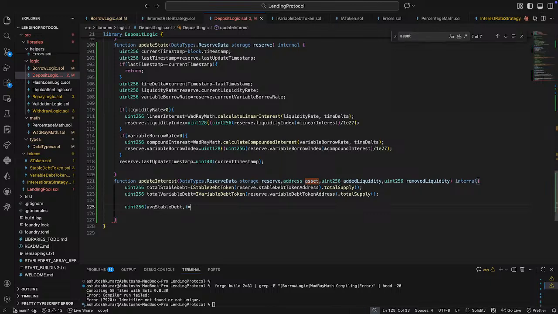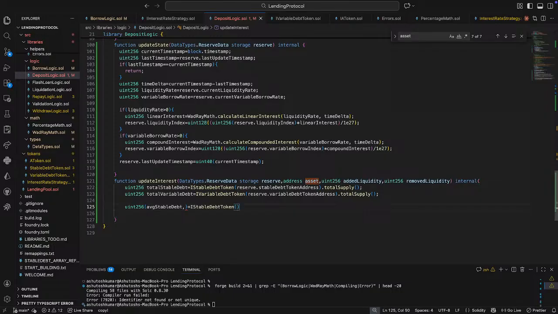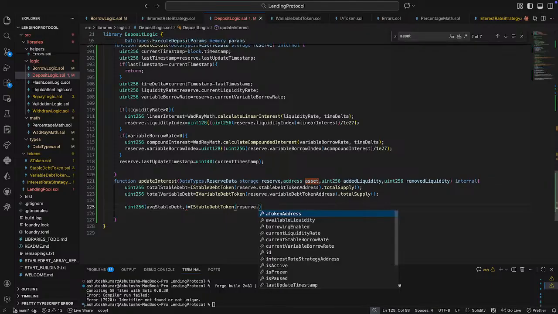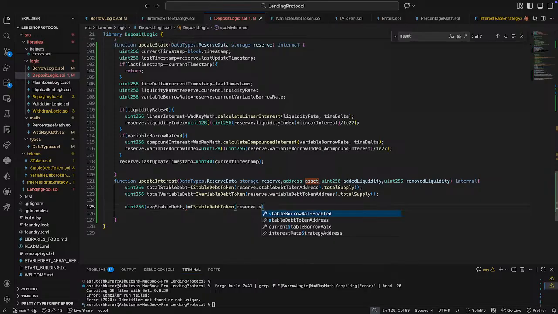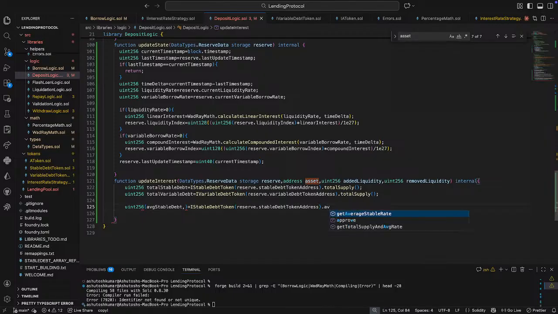We have to call the I stable debt token, reserve dot stable debt token dot average stable rate.